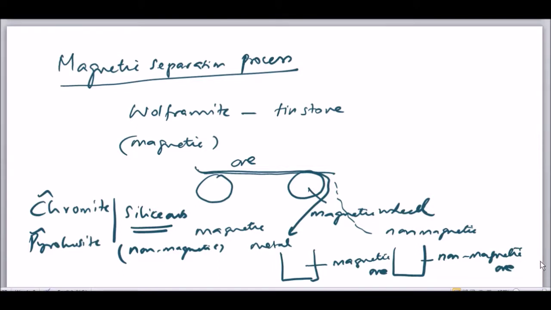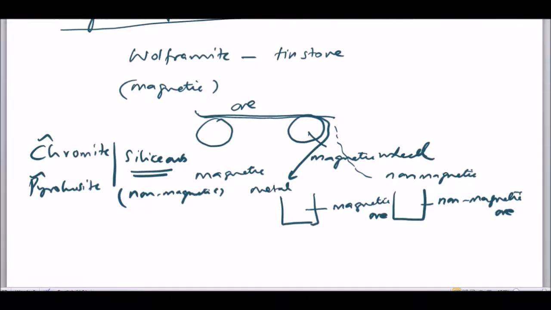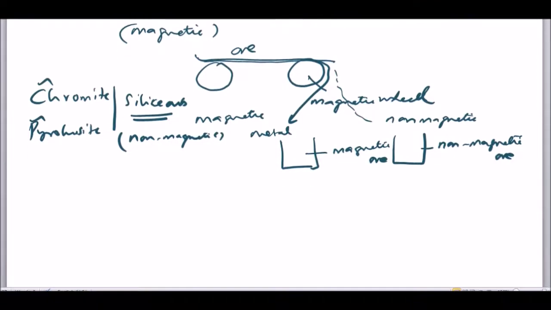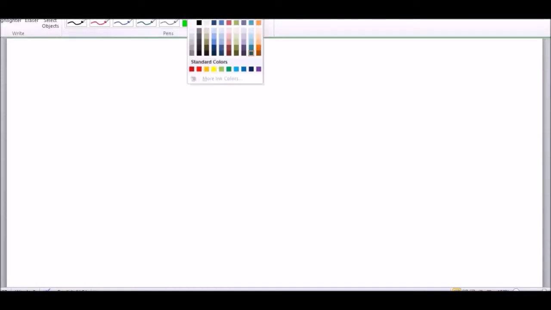One of the steps will be, the first step after the concentration will be roasting. Extraction of crude metal.